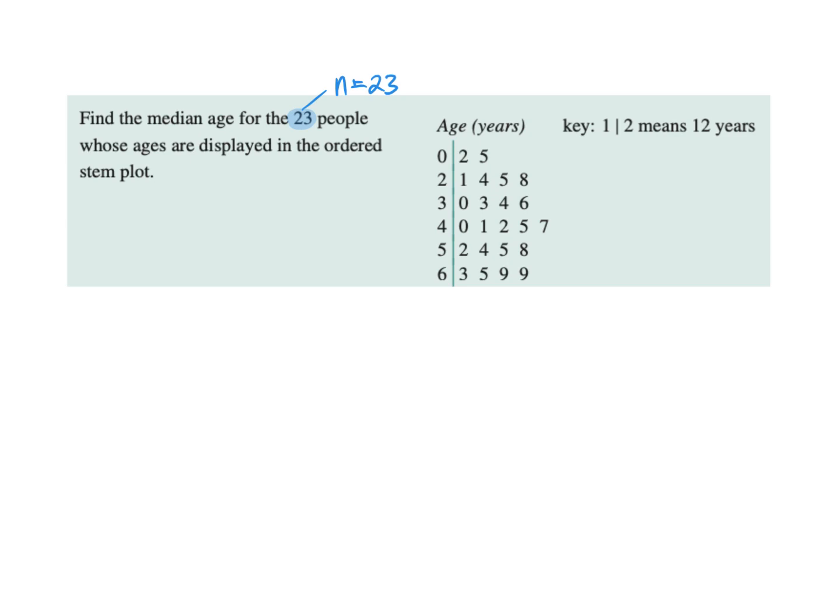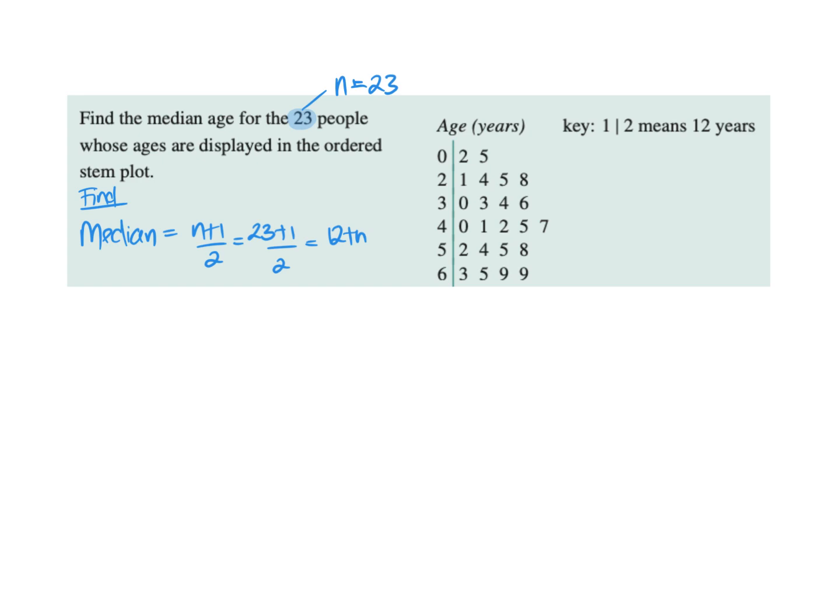So when I go to find the median, remember I can find the median at n plus 1 divided by 2. In this case, it'd be 23 plus 1 divided by 2, so it's going to be the 12th spot, okay? So what you've got to do is count through the leaves.